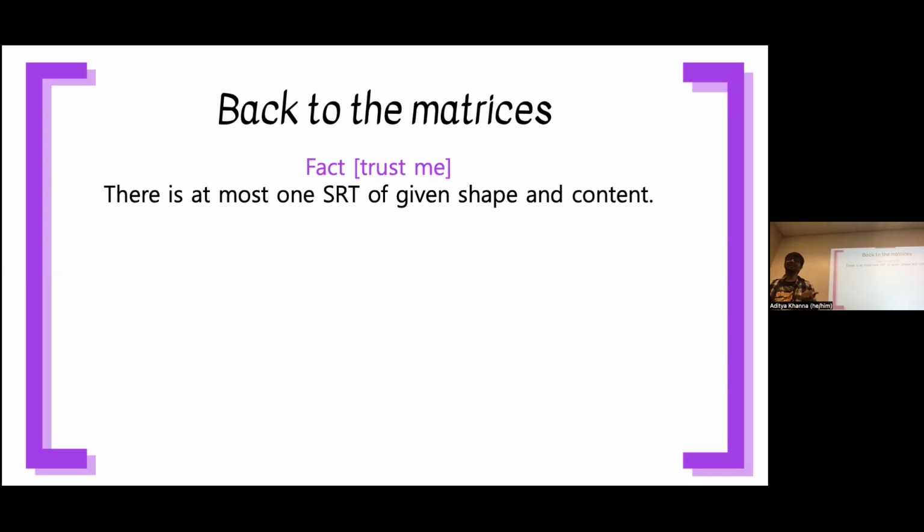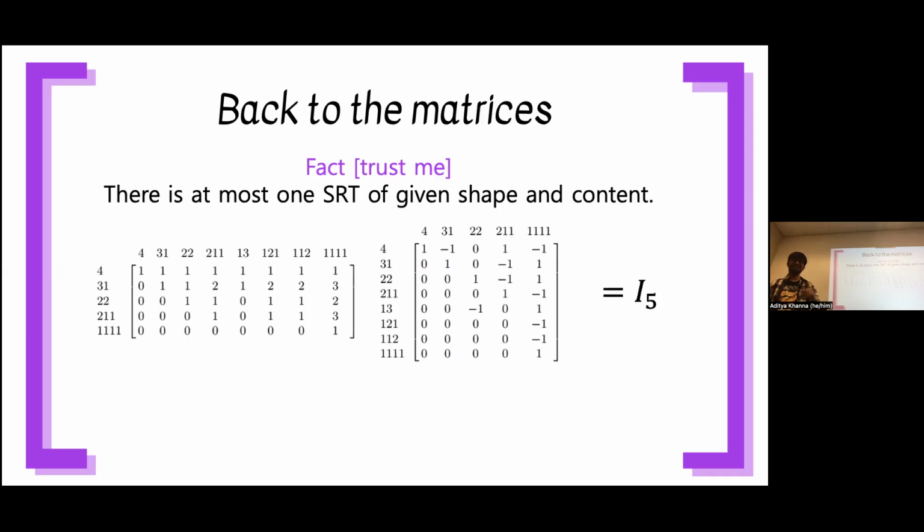The special ribbon tableau, this can be proved, but just trust me at this point. You can either add a special ribbon at every point or you cannot. And so because of that, you can either make a special ribbon tableau, which is unique, or you cannot. There is at most one special ribbon tableau of a given shape and content.